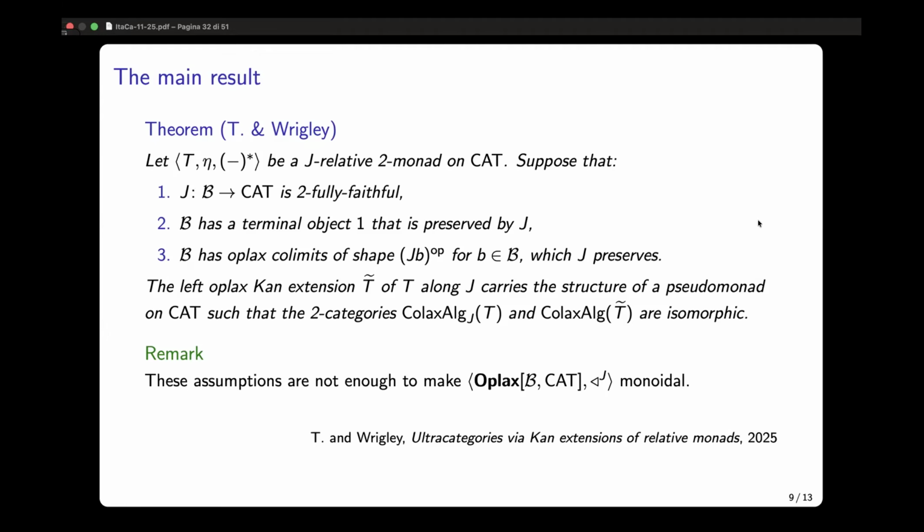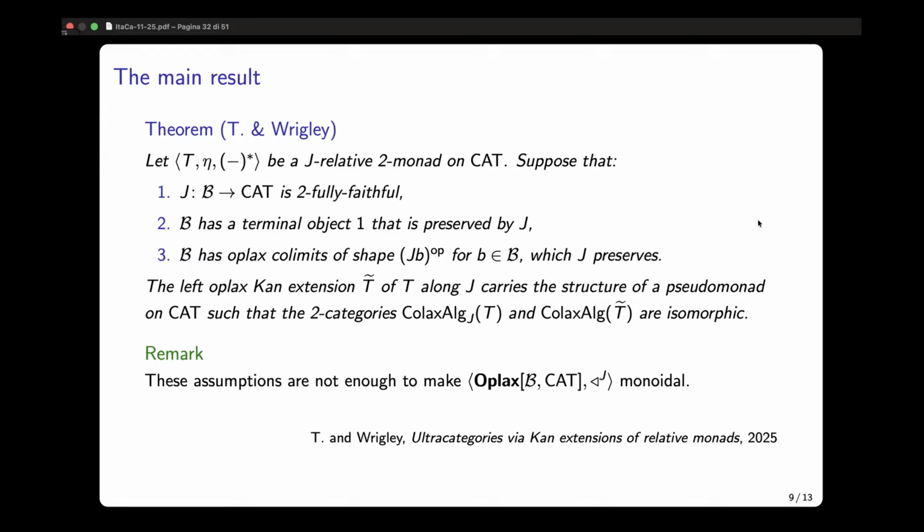This means the left Oplax Kan extension of T carries the structure of a pseudomonad with the same 2-category of Colax algebras. And crucially, these assumptions are not enough to make the skew-monoidal structure a monoidal structure.